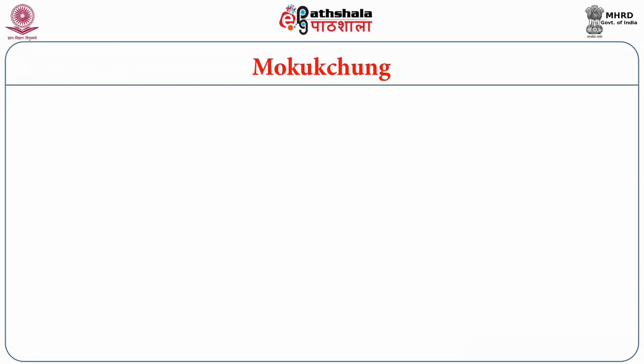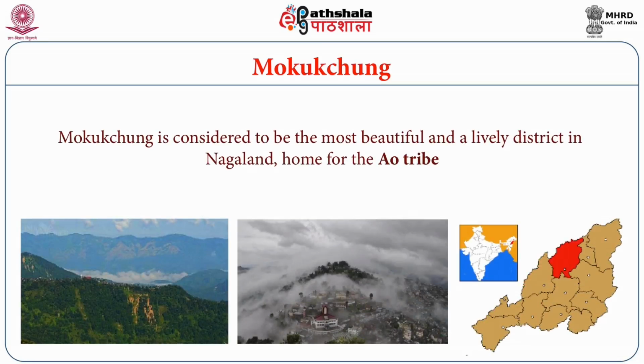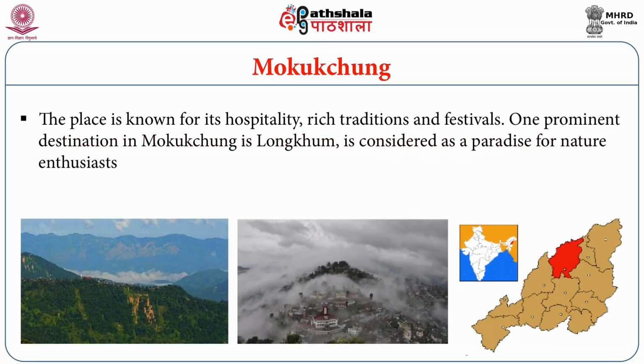Nagaland is also bestowed with wonderful spots with scenic beauty. One of such areas is Mokokchung, which is considered to be the most beautiful and lively district in Nagaland, home for the Ao tribe. The place is known for its hospitality, rich traditions and festivals.